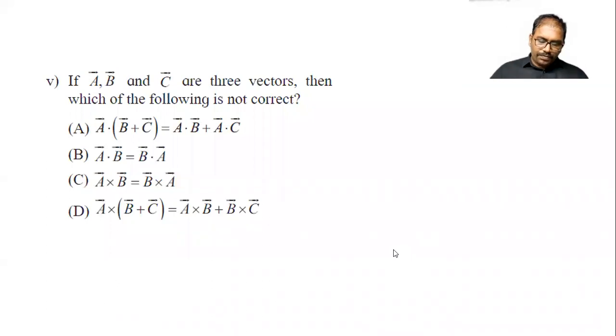The next question. If A, B, C are three vectors, then which of the following is not correct? Now here the first one, A bar dot B bar plus C bar. So we learned the scalar product obeys the distributive law of multiplication. So this is correct. We have to identify the one not correct. So A bar dot B bar and B bar dot A bar.